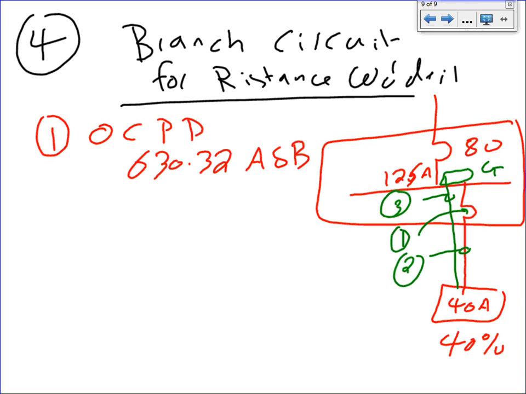Each welder shall have an overcurrent protection device rated or set at not more than 300% of the rated primary current.